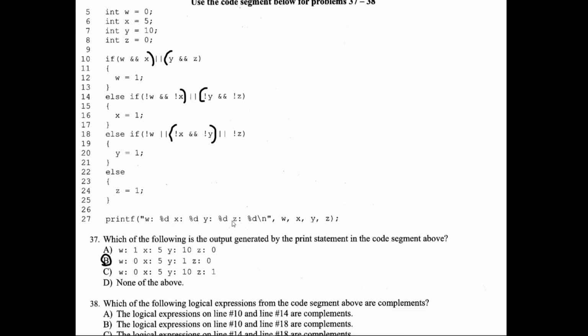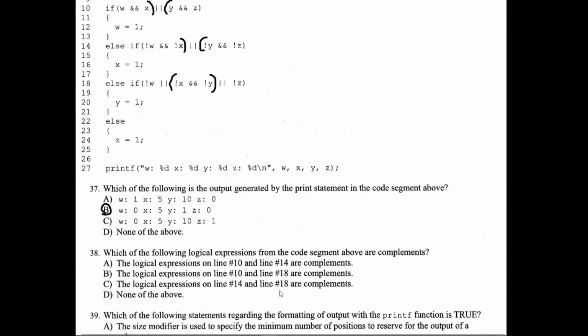And then it asks, are the logical expressions on line 14 and line 18 complements? Line 14 and 18, all you're doing is you're switching the operators, and you're not actually making them complements, again, because you're not changing the order of operation. So the correct answer is D, none of the above.